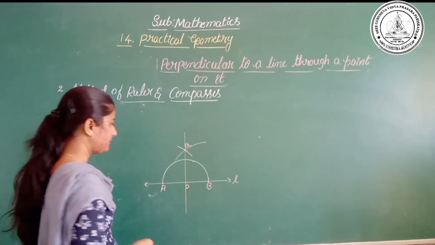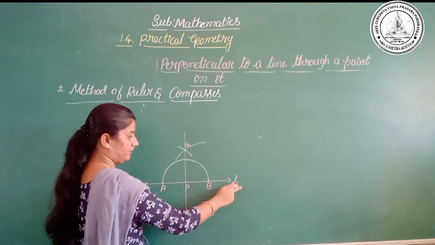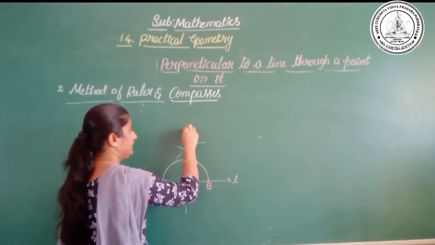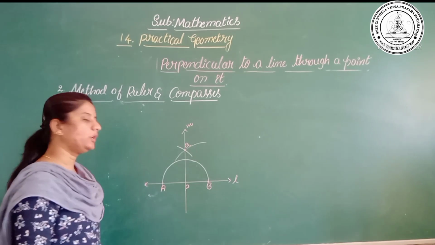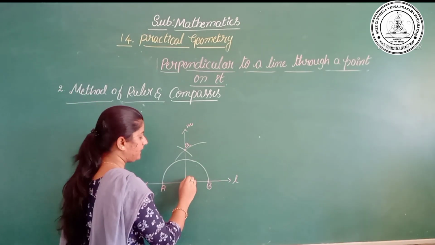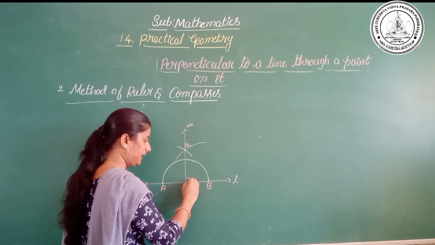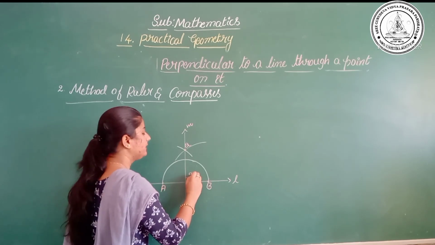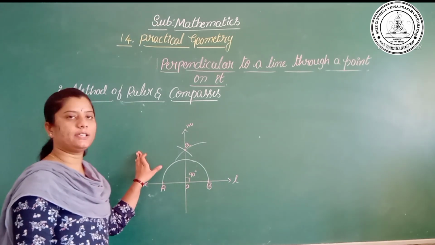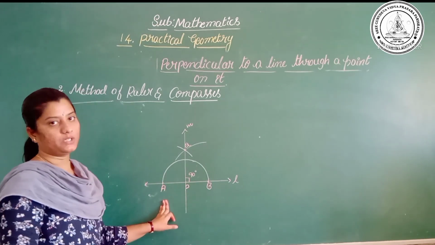Now you may see here the line L and the line M. Both are perpendicular to each other. Why? Because these two lines intersect at the point P and form a right angle. So these two lines are said to be perpendicular to each other.